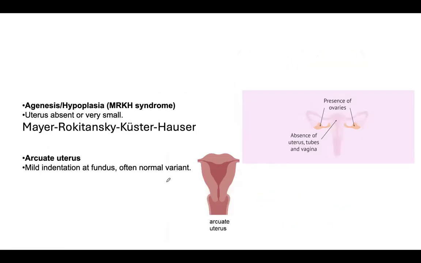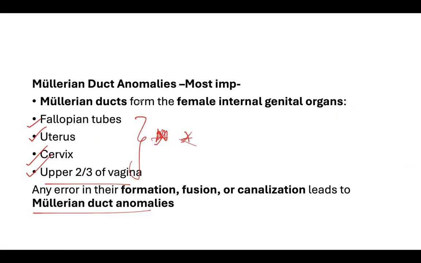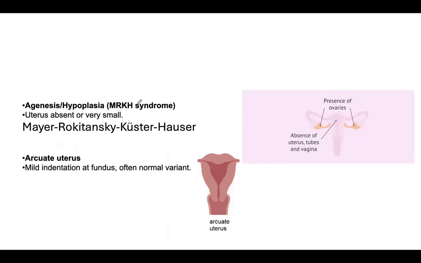The fourth one is your MRKH syndrome, that is Mayer-Rokitansky-Küster-Hauser syndrome. What is this? The Müllerian duct helps in the formation of the uterus, cervix, upper two-thirds of the vagina, and the fallopian tube. So in MRKH syndrome, there is an absence of the uterus, tubes, and upper vagina, but the ovaries are present. This is very important.